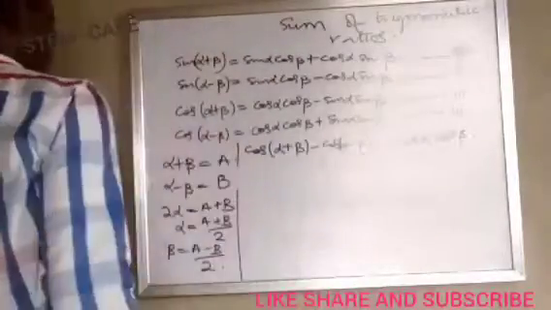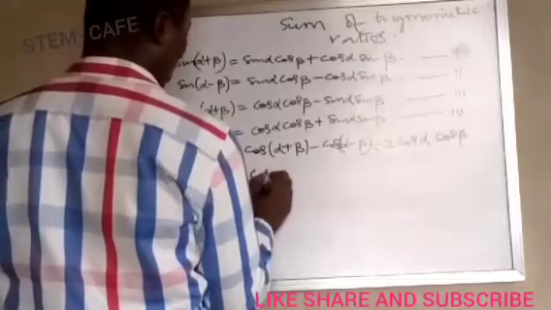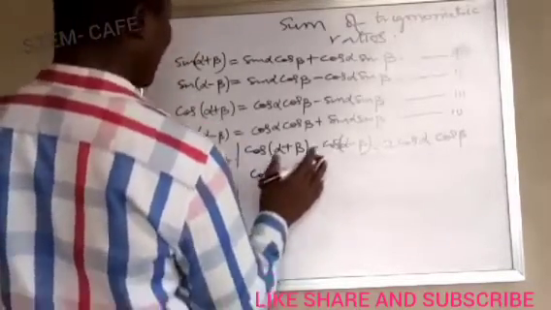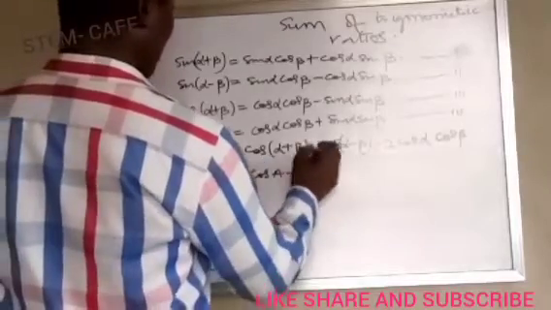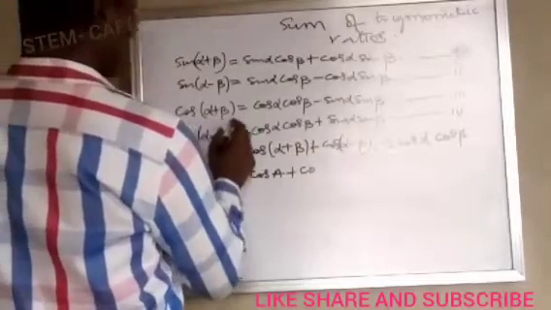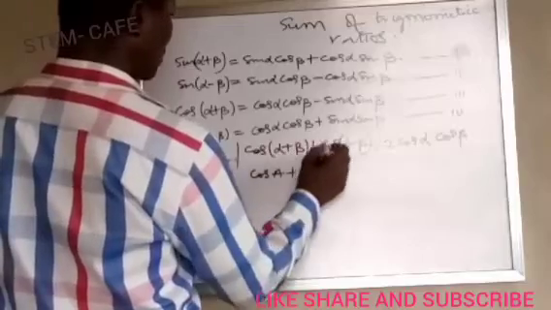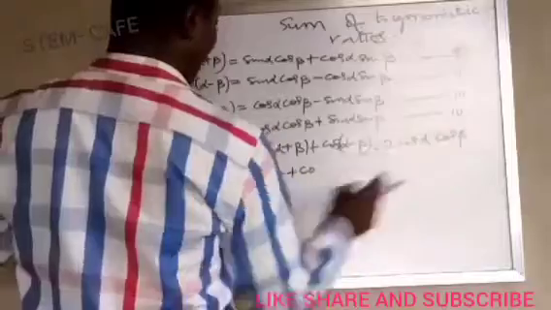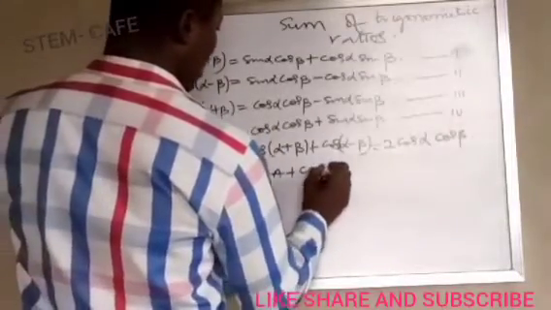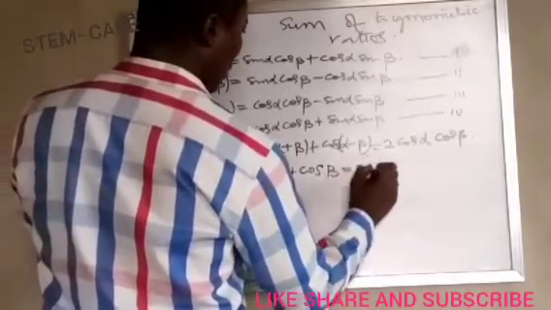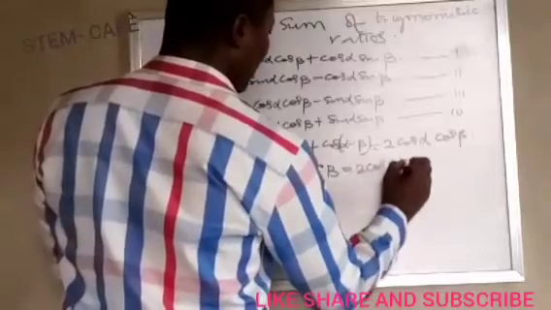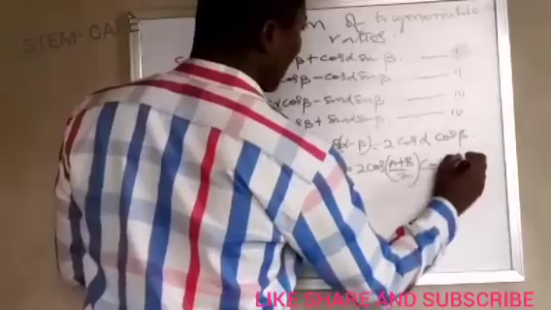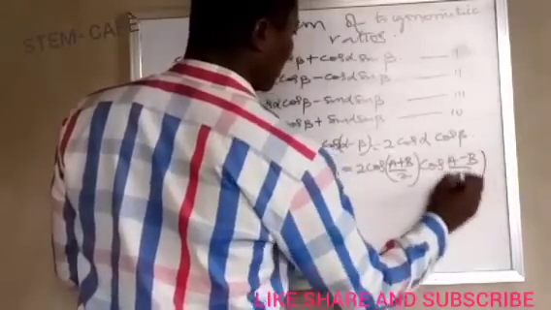So let me express everything in terms of A. This time around it's going to be cos A plus cos B. This one should be plus: cos(alpha plus beta) plus cos(alpha minus beta). This one we cancel out, so I'm going to have 2 cos alpha cos beta. So I have cos A plus cos B is equal to 2 cos (A plus B) over 2 cos (A minus B) over 2.